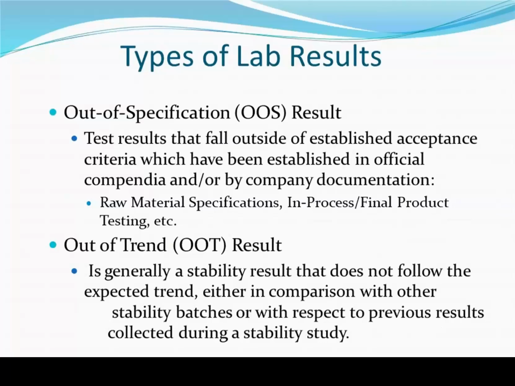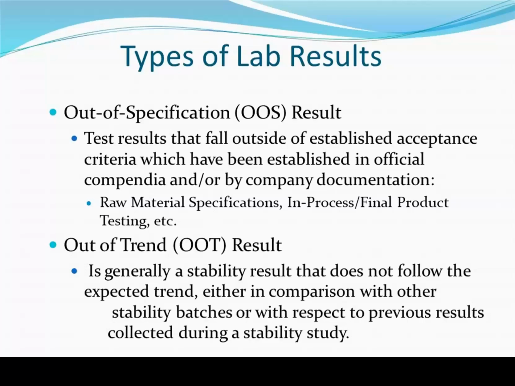We also have out of trend results, or OOT results. These are generally found in the stability testing program. Generally, a stability result is not following the expected trend, maybe with other stability batches or with respect to those collected in earlier time points.